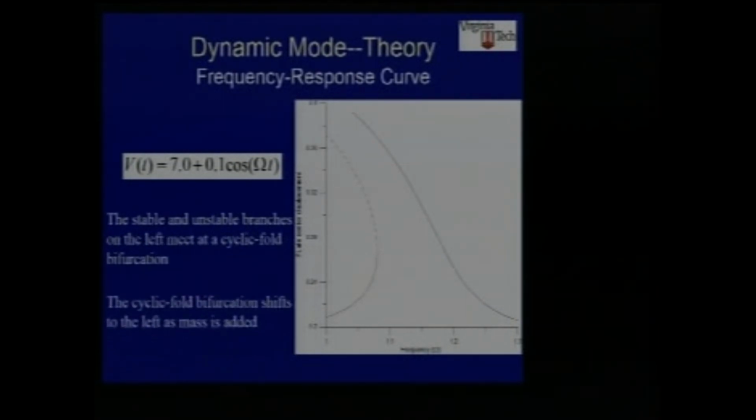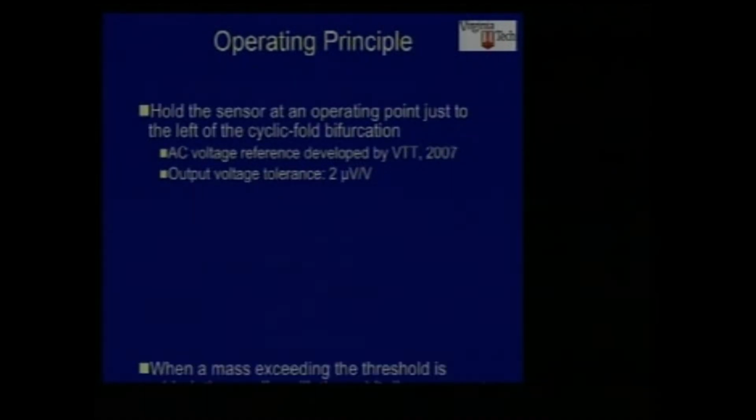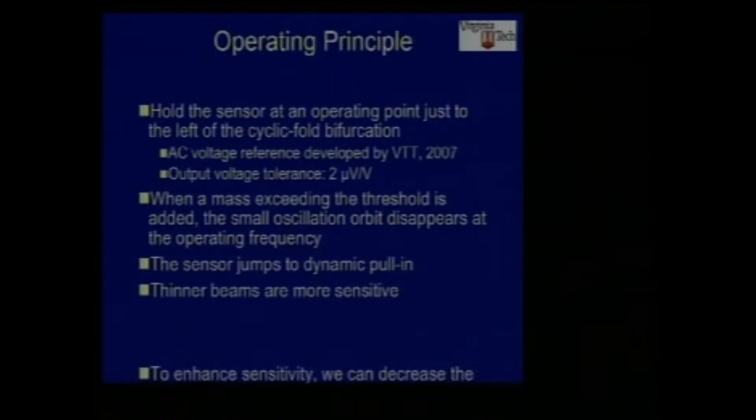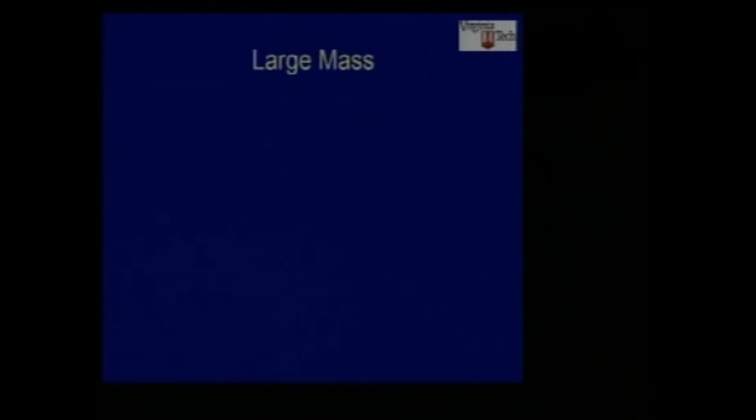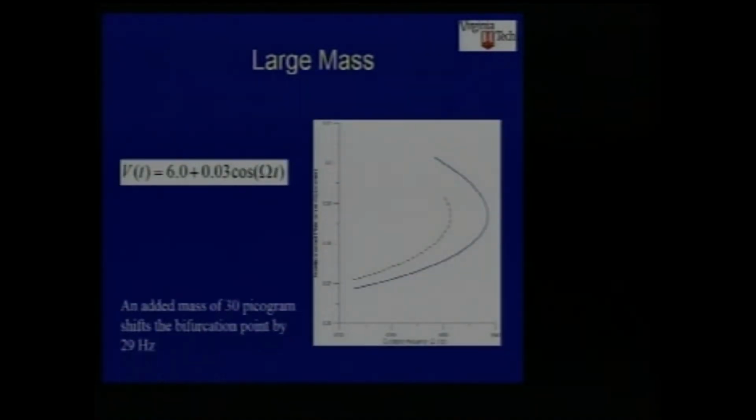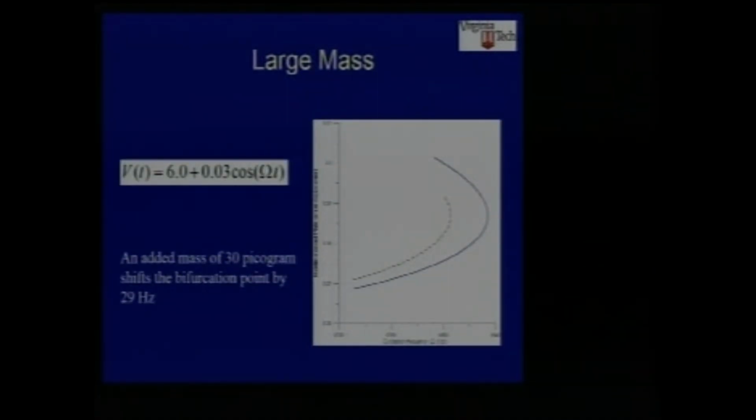Let me put a picture in it, since the time is small. So now, this is the curve which we had before. This is the cyclic fold. If we add a mass of 30 picograms, the cyclic fold is shifted by 29 hertz.